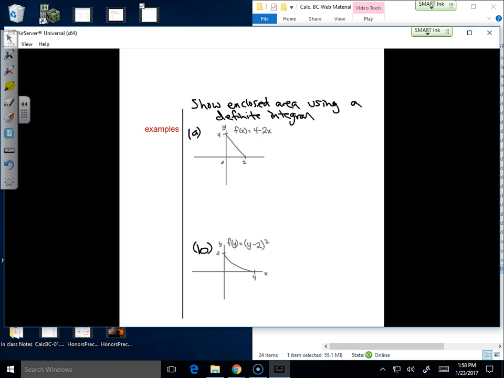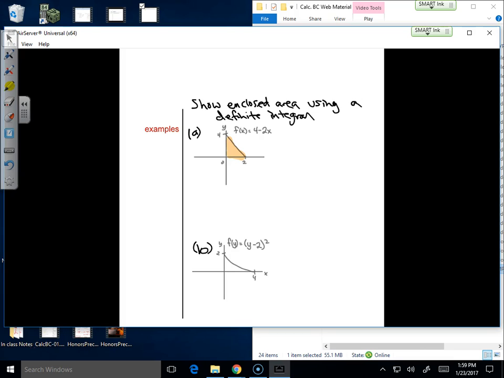Do you guys see enclosed areas? Well, not under the line. If it's enclosed, that means it's stuck. Otherwise, if it kept going, that's infinite, and we don't want infinite. We want enclosed. Enclosed is going to be stuck between the function and the x-axis between 0 and 2. So it's the area under a function above the x-axis between 0 and 2.